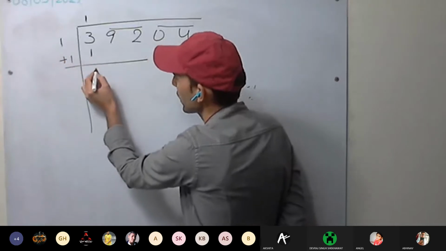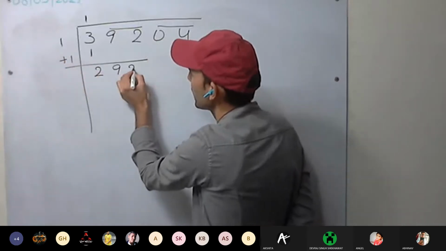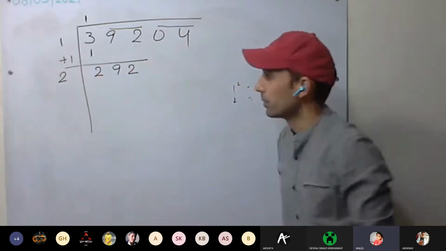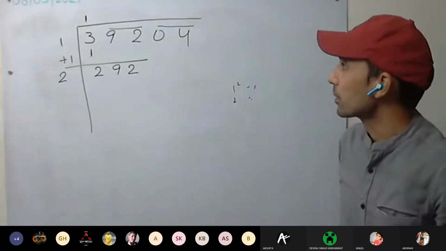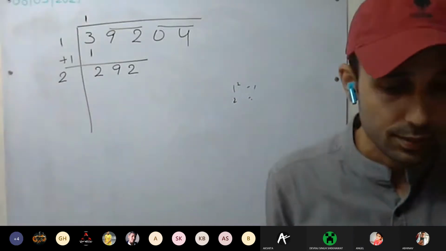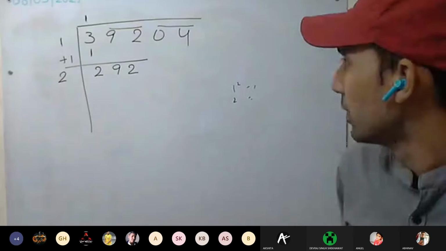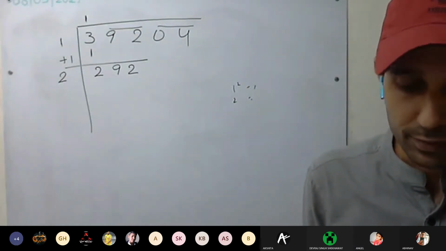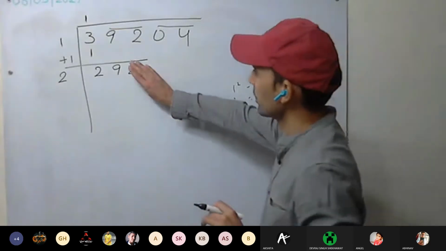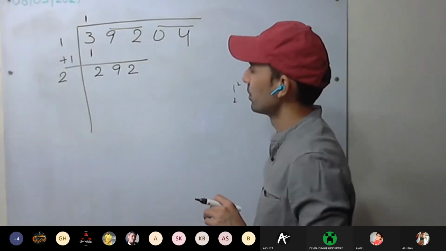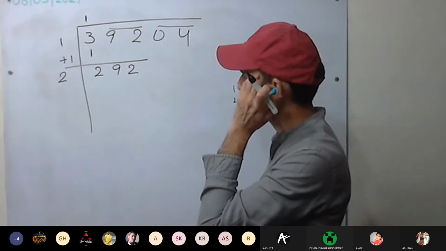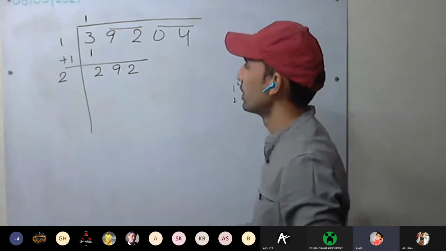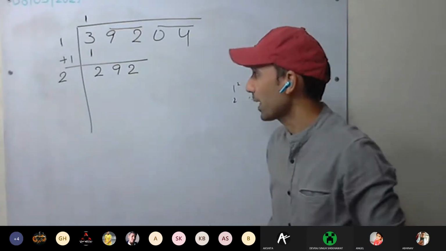So what are we going to do? Add 2. Here we are getting 292. Here how much? 2 and 0. Yes or no? Yes, sir. Now what should we multiply with? 9.